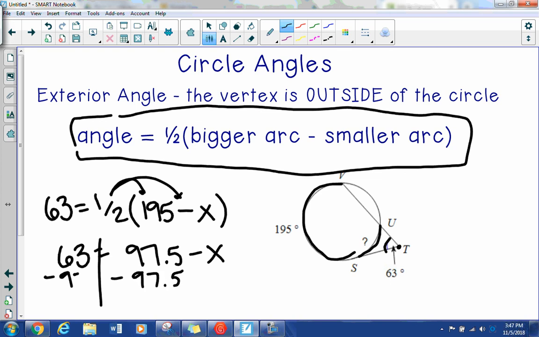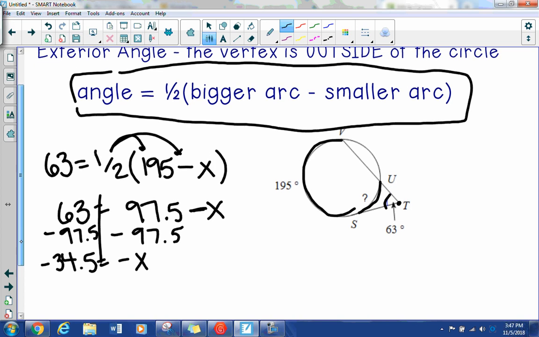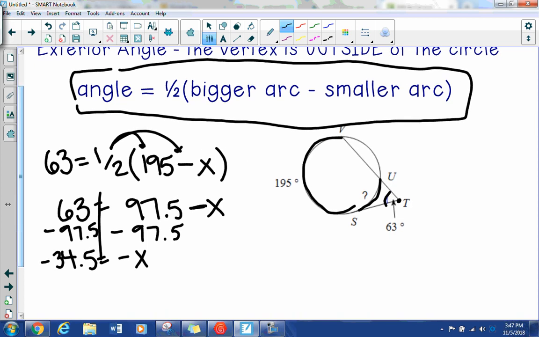And so I'd get that negative 34.5 is equal to negative x. It's very important that you see that this negative is still attached to the x. Otherwise, you might be confused and saying, well, why do I have a negative number as my answer? Negative numbers don't go with angle measures. But since this x still has a negative attached to it, you can think of that like an invisible -1.